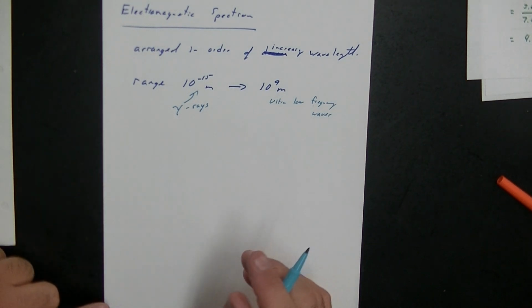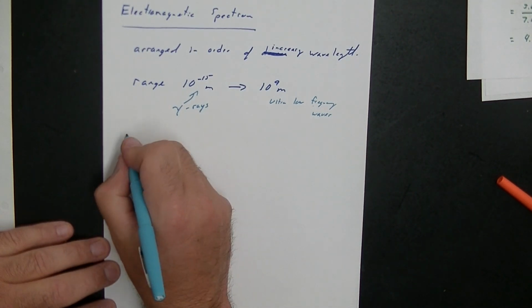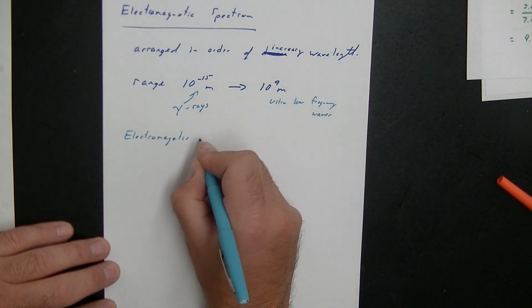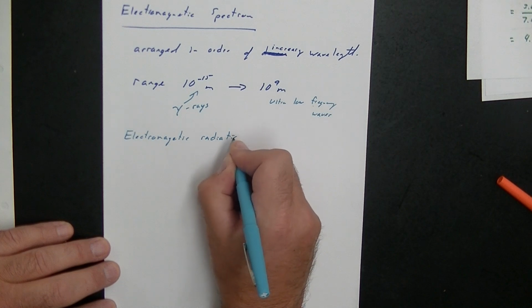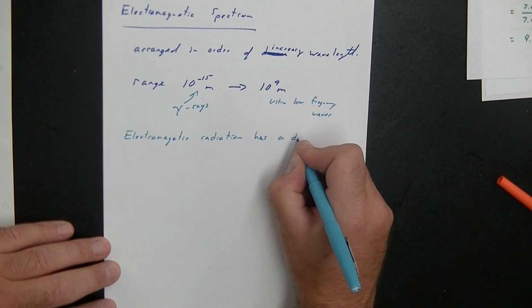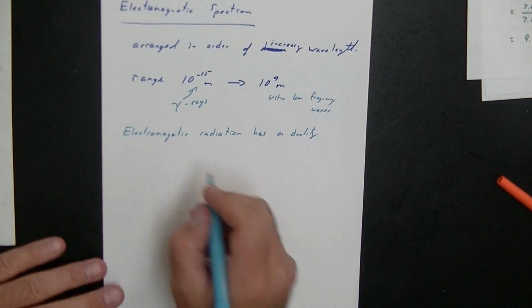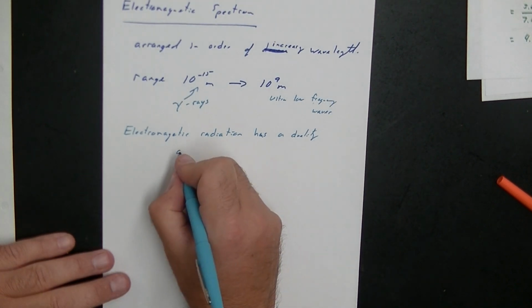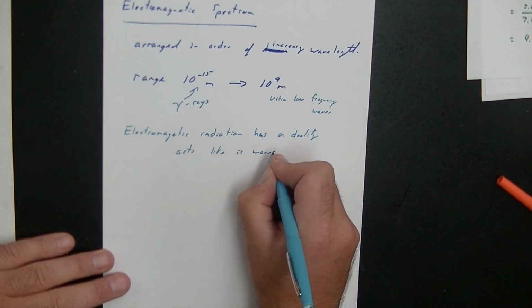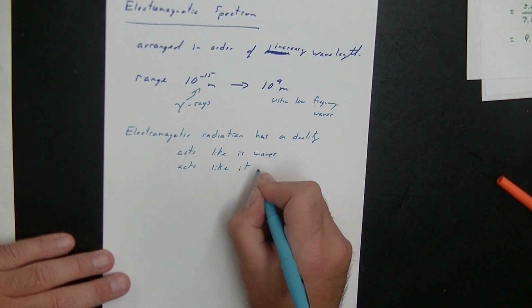Now, electromagnetic radiation has a duality, which means sometimes it acts like waves, but sometimes it acts like particles.